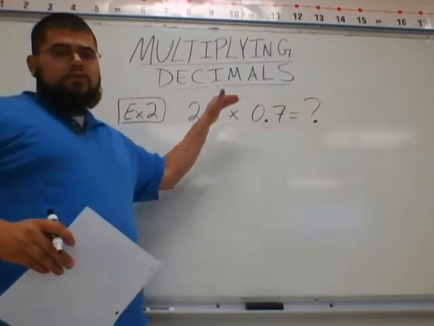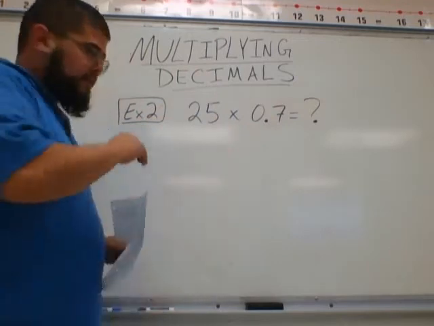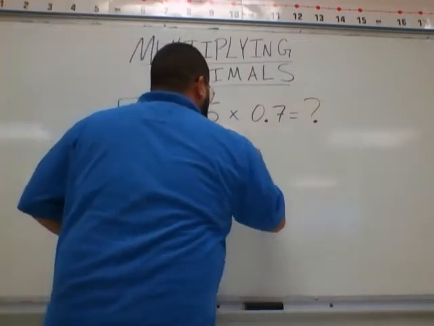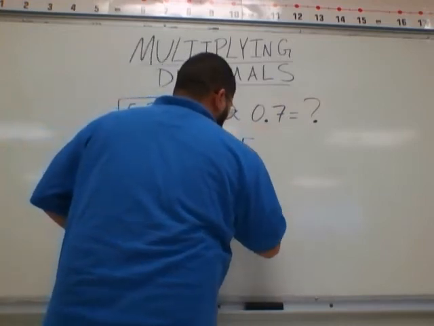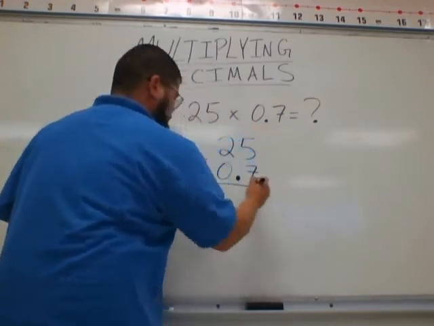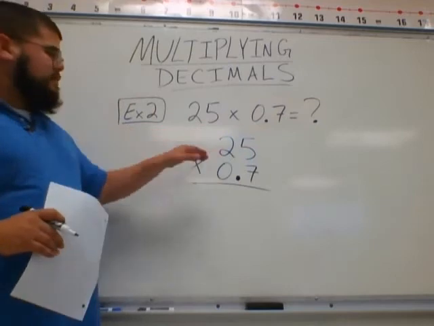So right now it's horizontal. We have to make it vertical, up and down. So here we go. 25 we'll put up here. 25 times 0.7.